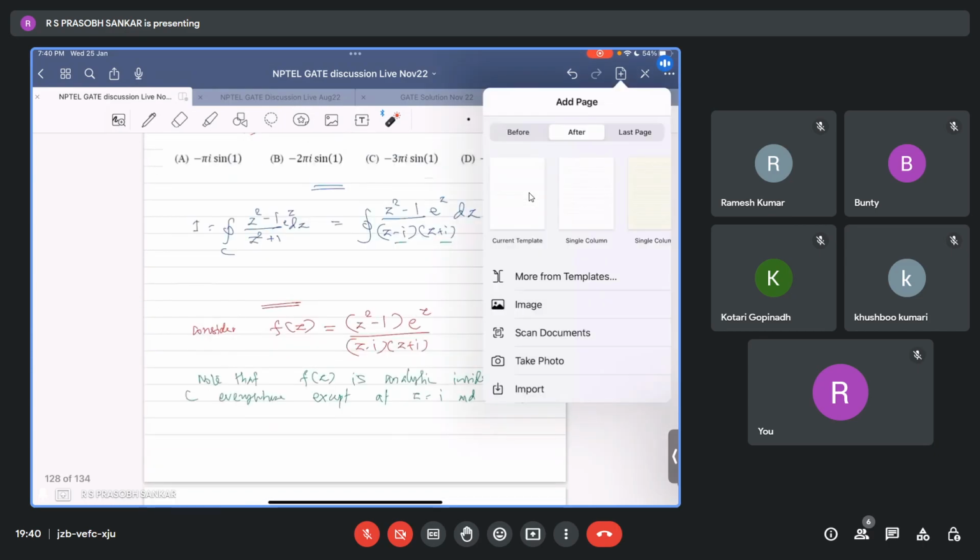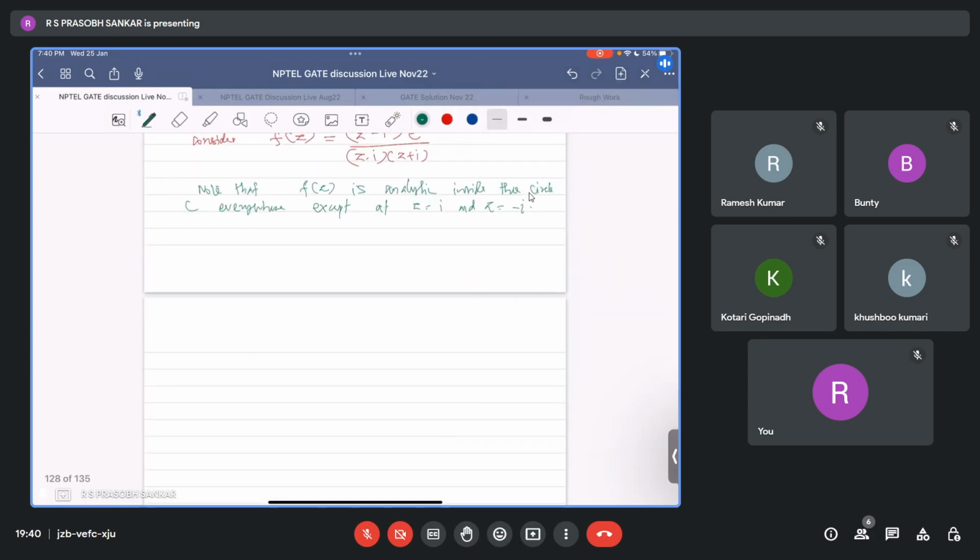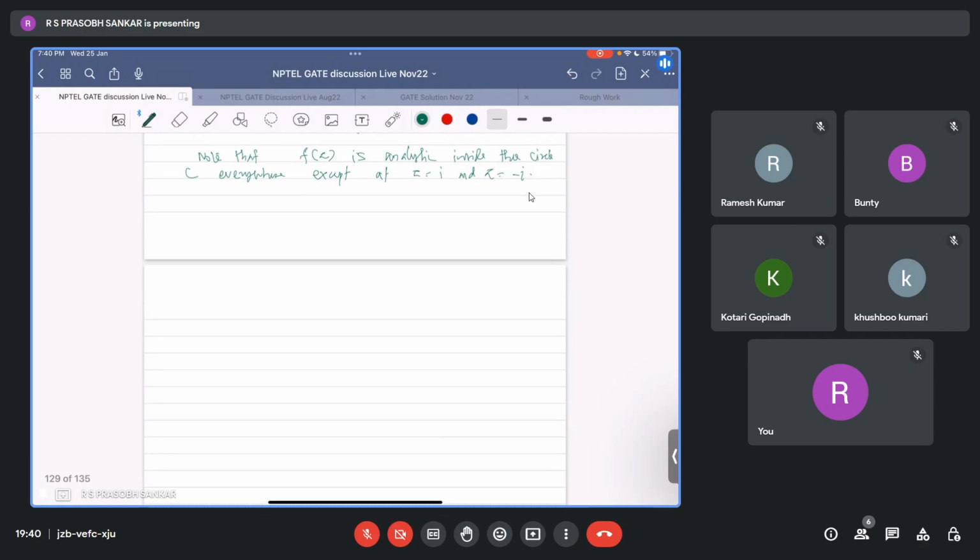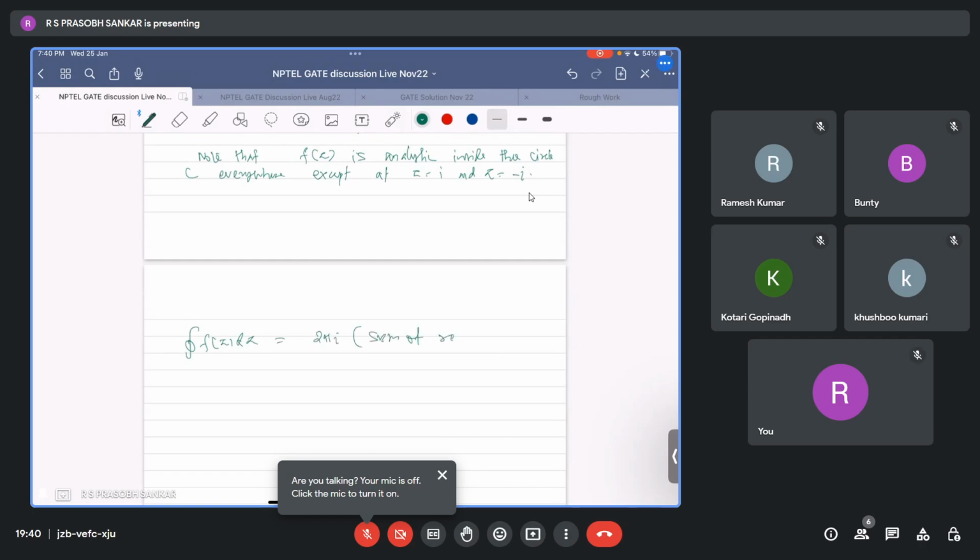Okay, thanks. So what it means is that we can now consider the residue formula. Integration over f of z dz is 2 pi i times the sum of residues. This is the residue theorem. So, what are the residues?